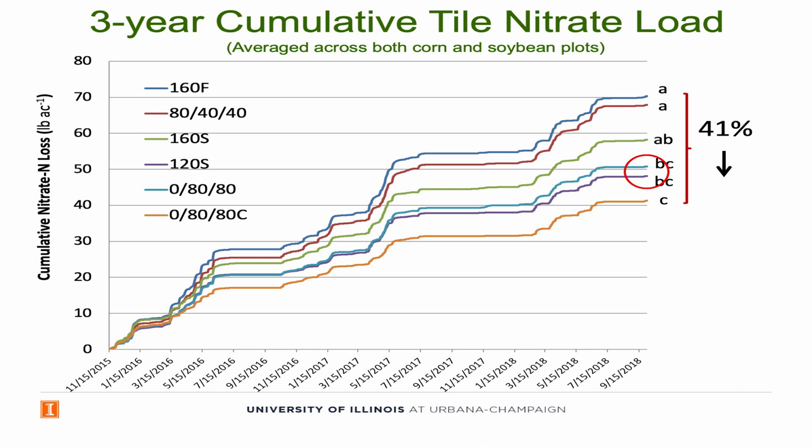Just cutting back is not the answer, and that's the only treatment that gives us a yield hit. So we've lost yield by not putting enough N on, and we didn't reduce the tile load any more than we did if we just split it more in season and did not put any on in the fall.